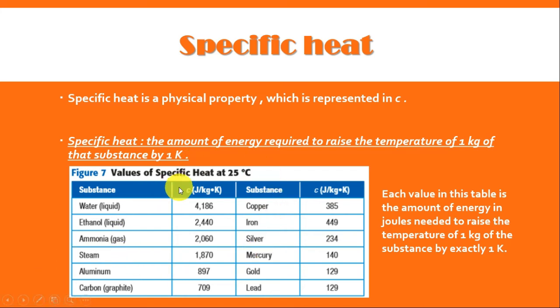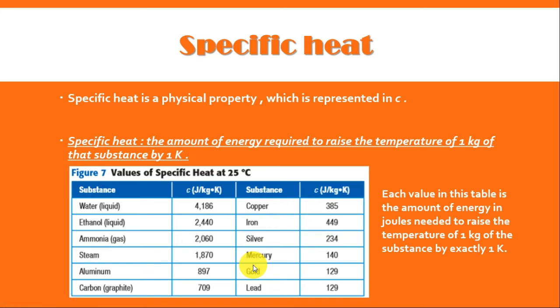Look at this table. We have different materials with different specific heats. For example, look at water here. The specific heat capacity for water is 4186. High specific heat capacity. Look at gold, for example, 129. Low specific heat capacity. So, it means that gold just needs a small amount of energy and the temperature of it will increase a lot.